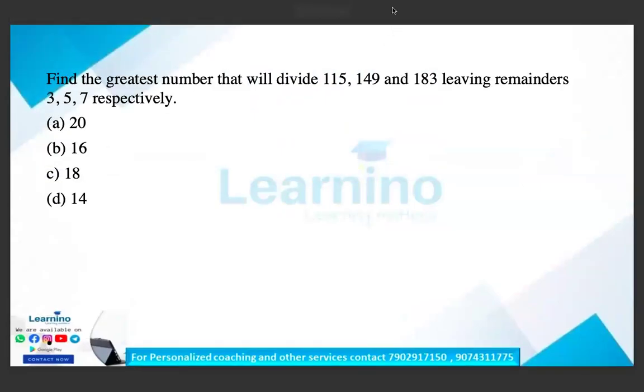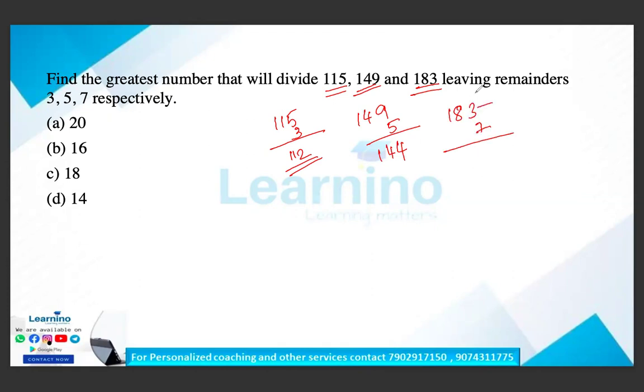And the greatest number that will divide 115, 147 and 183, leaving the remainder 3, 3 and 7. So 115 minus 3 is 112 and 147 minus 3 is 144 and 183 minus 7, we will get 176.